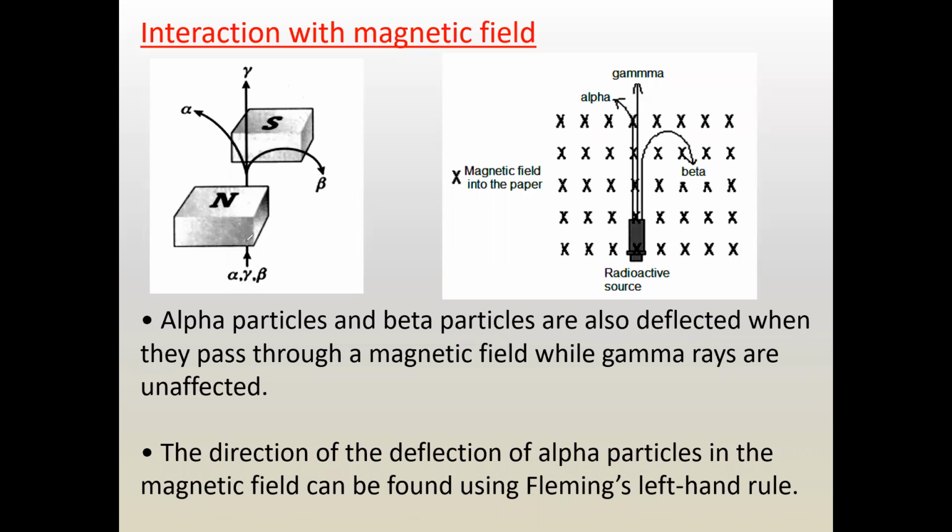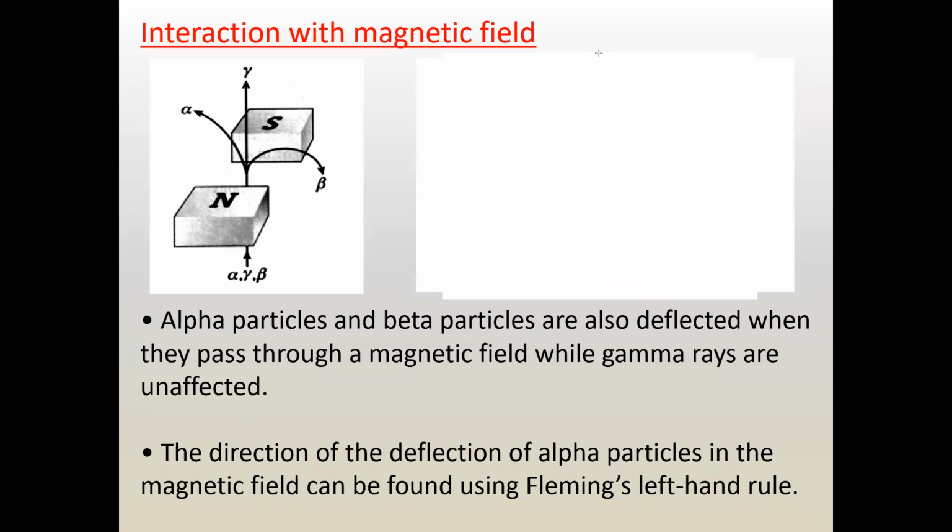But how to identify the direction of the alpha? To determine the direction of the alpha, what rule do we have to use? You will use the left hand for alpha. Now I'll try to apply the rule on the figure.